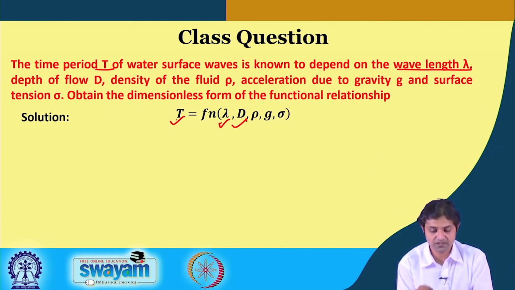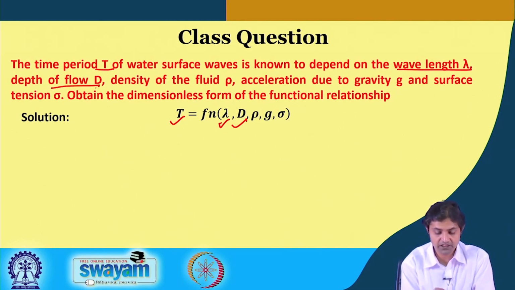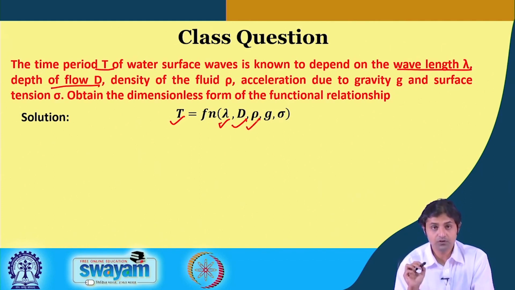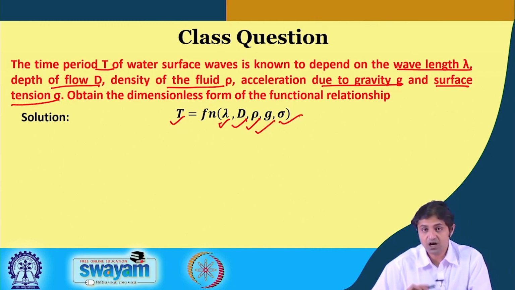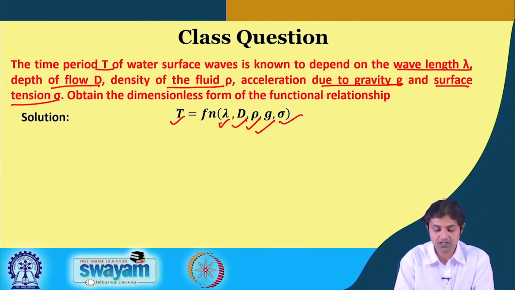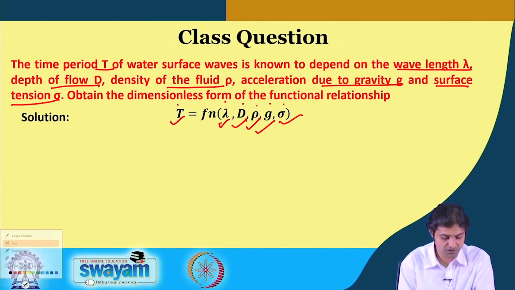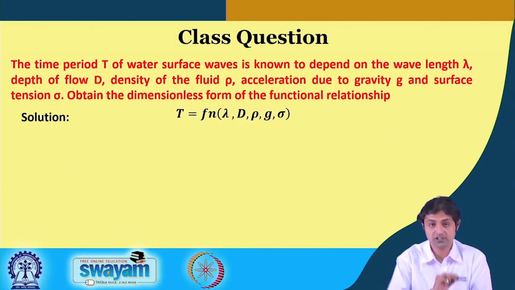That is why we have written t as a function of. So, going back again, the time period t depends upon wavelength lambda, depth of the flow d, density of the fluid rho, acceleration due to gravity g, and the surface tension sigma. If you see how many terms there are, 1, 2, 3, 4, 5, 6. So, a total of 6 variables are there.